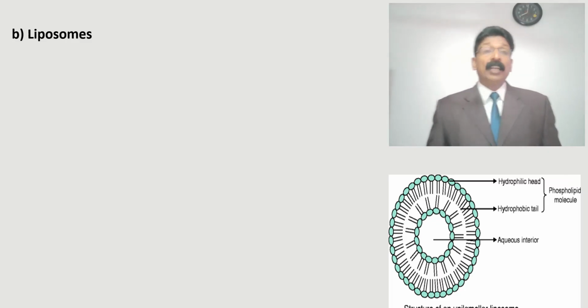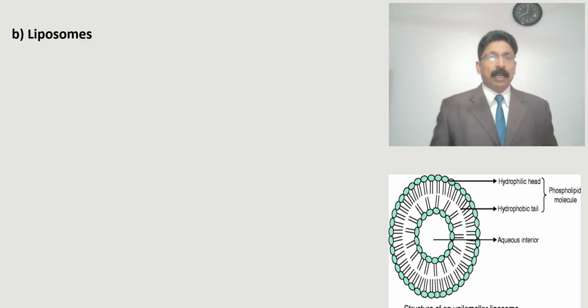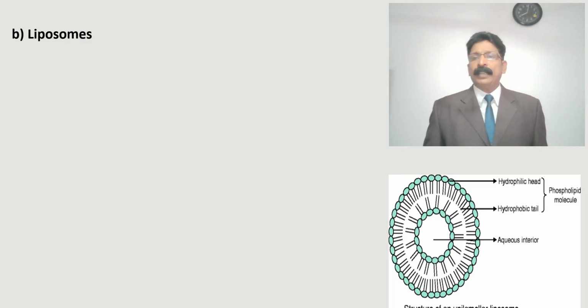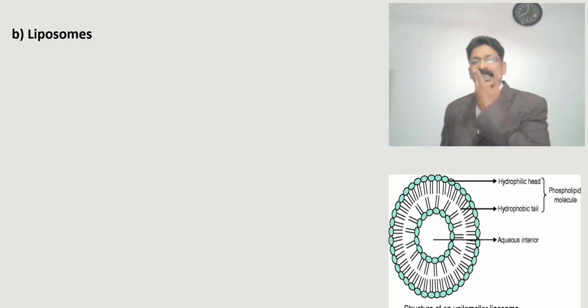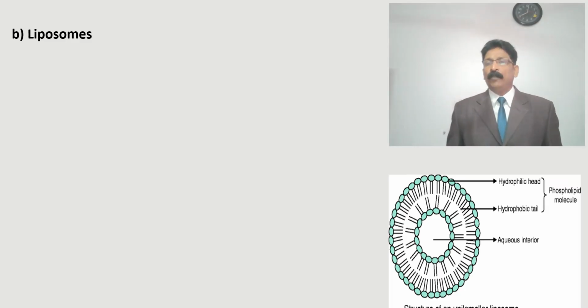And you can see now the second one, liposomes. In liposomes, you can see there is a hydrophilic head, a hydrophobic tail and an aqueous interior, the structure of unilamellar liposomes with a lipophilic molecule.